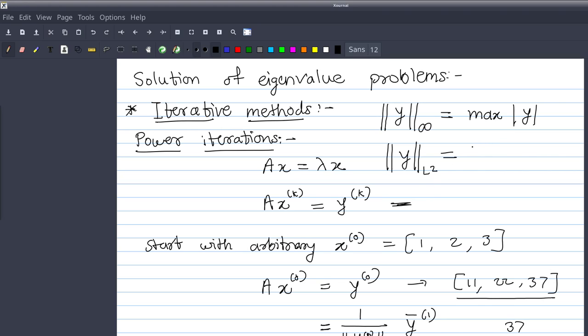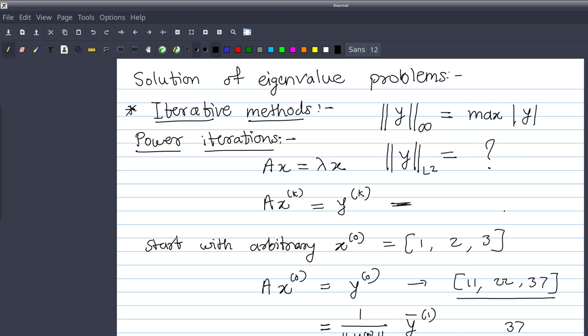So what is the L2 norm of a vector? If you don't know, then find it out. It's a well-known norm, and once you see it, you will realize that you know it already, but you have not just seen it that way.